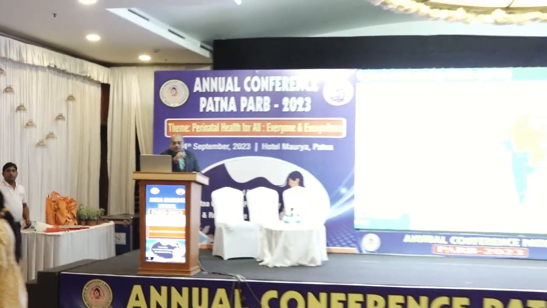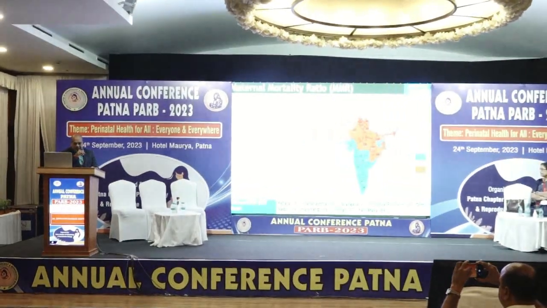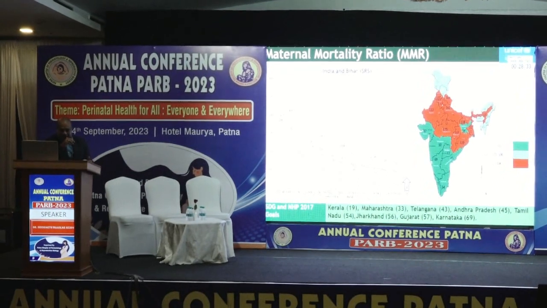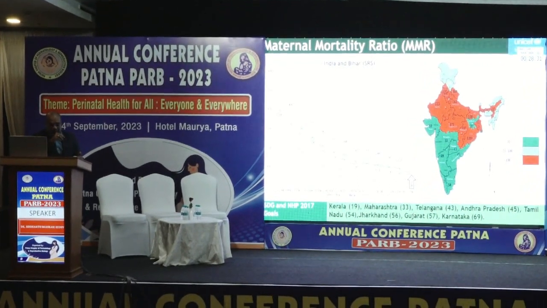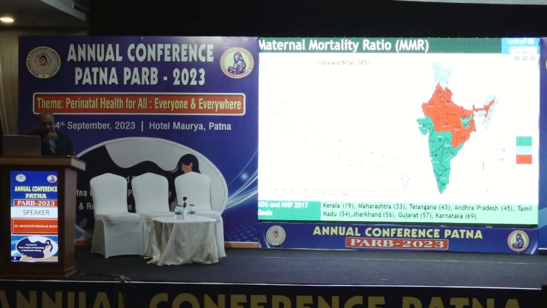Before going to the presentation, I want to show you the current maternal mortality ratio of India and also Bihar. You can see that the trend has been decreasing over the last 10-12 years, and now we are at a level of less than 100 at the national level.